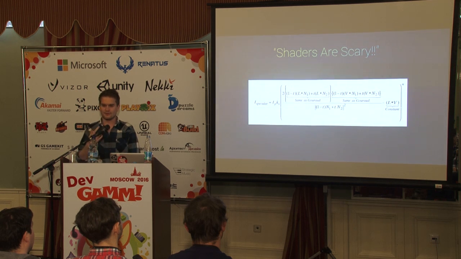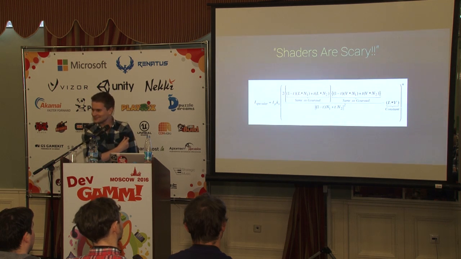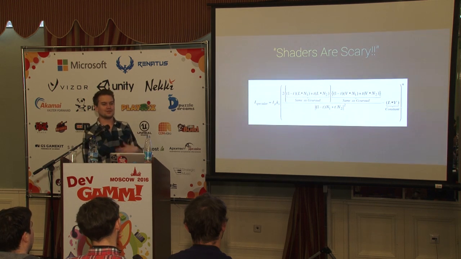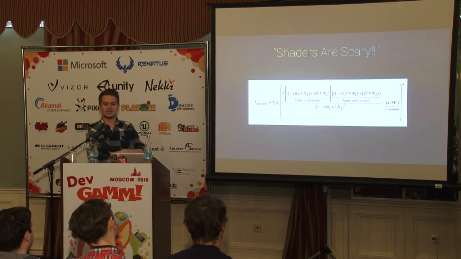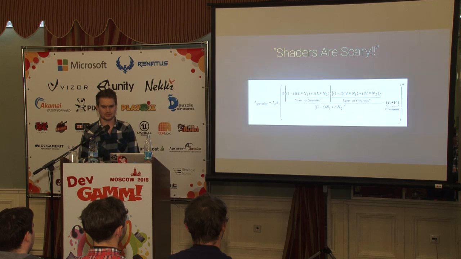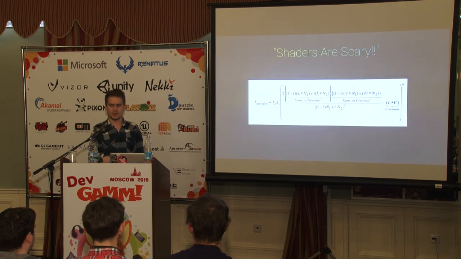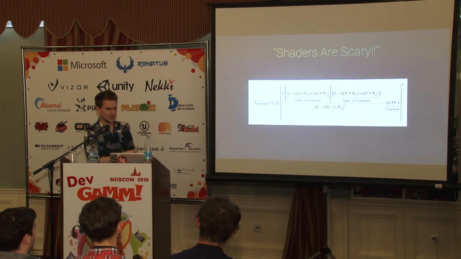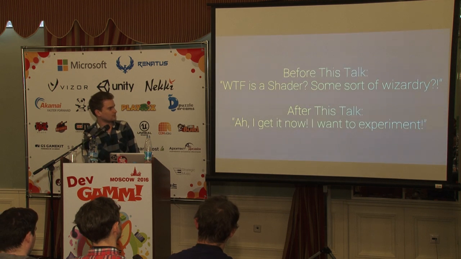Put your hand up if you actually understand what this means. One guy there, he probably made this equation. If you search for shader knowledge or shader algorithm, you'll probably see something like this. I'm actually going to avoid this. I'm going to do more of a simple version so everyone understands. You don't need to have studied computer science at school for 20 years before you can write shaders. So before this talk, what the fuck is a shader? Some sort of wizardry. And then, oh okay, it actually makes sense.